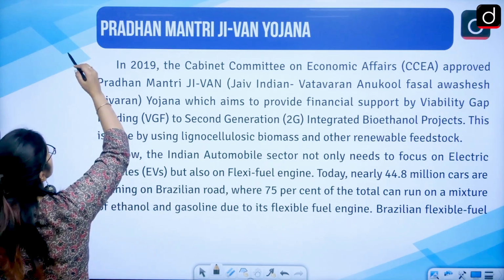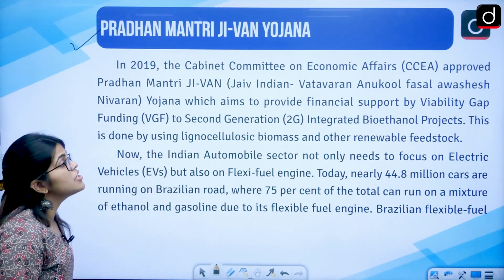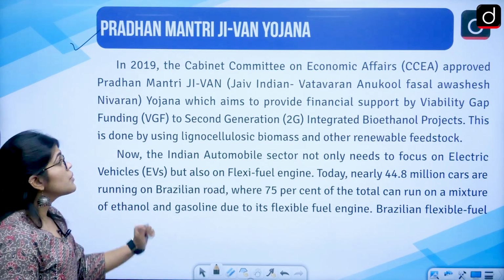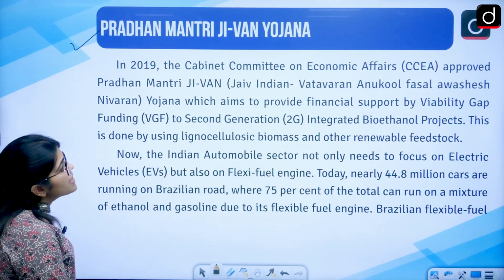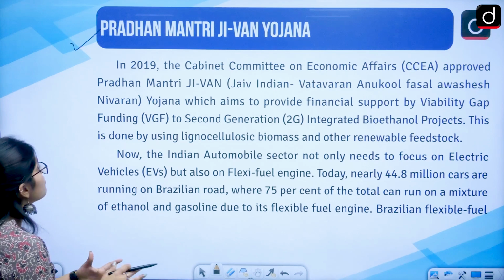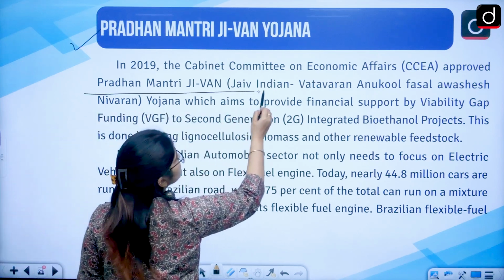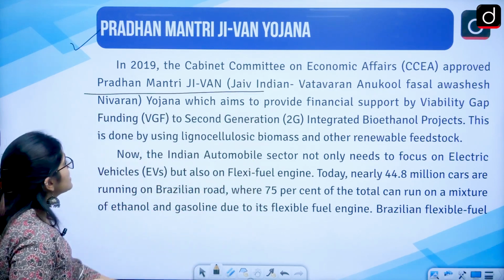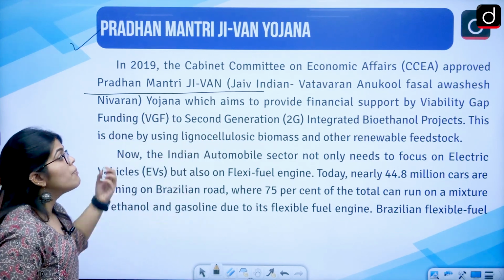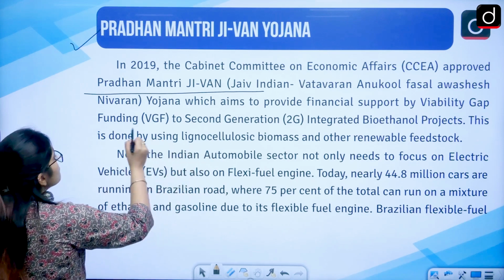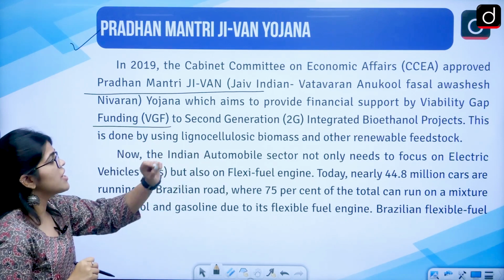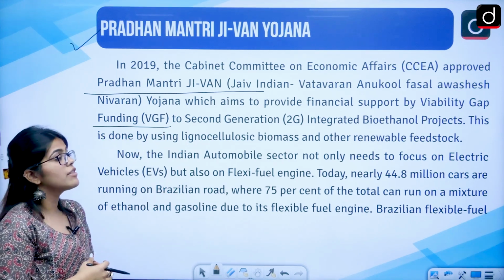Now, you should also know something about the Pradhan Mantri Jeevan Yojana that came out in 2019. In 2019, the Cabinet Committee on Economic Affairs, that is the CCEA, approved the Pradhan Mantri Jeevan Yojana. It aims to provide financial support by viability gap funding, that is the VGF, to second generation integrated bioethanol projects.